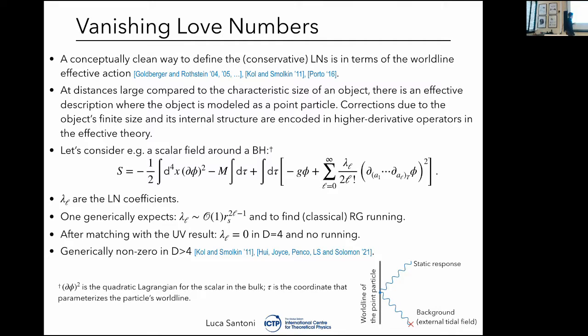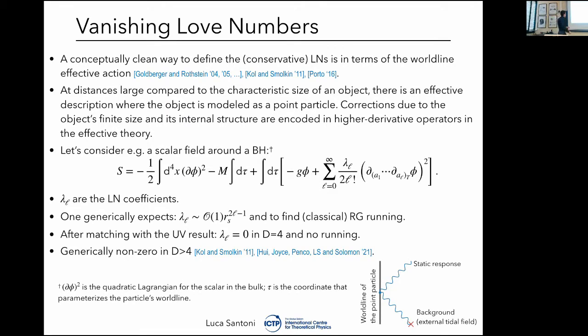So basically, this is the worldline action, the point particle action of this black hole very far away. We have the worldline part, which is basically the worldline of this particle, and then we have derivative operators. Like in any standard effective field theory, we have derivative operators that take into account the fact that actually this object is not a point.